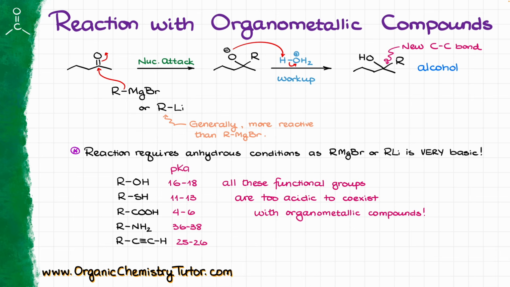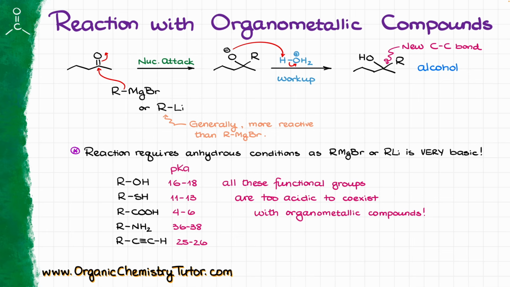Now, as I've mentioned in my dedicated video on the Grignard reaction, when it comes to organometallic compounds like the Grignard reagent or organolithium compounds, these guys are incredibly basic, which means that anything that is even a little bit acidic is going to be, well, too acidic for them. The Grignard reagent and organolithium compounds cannot coexist together with alcohols, thiols, carboxylic acids, amines, or even terminal alkynes.